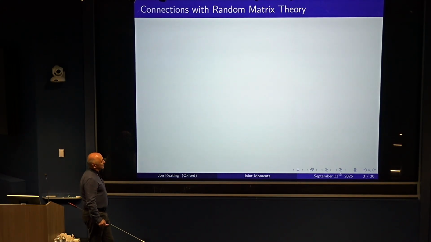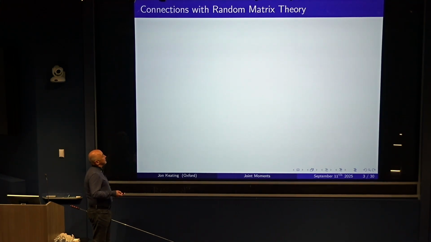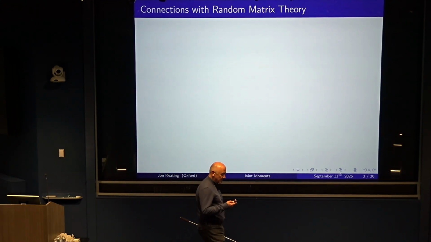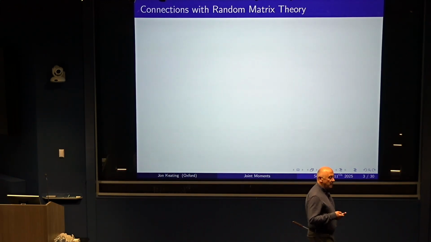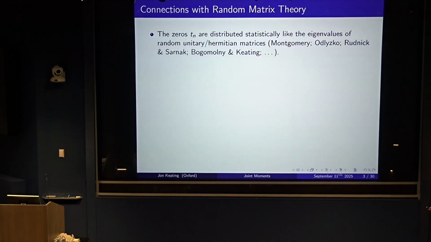And the connection that really motivates what I want to speak about is this connection with random matrix theory. I should emphasize most of what I say will be calculations in random matrix theory, but this slide explains why I'm doing the calculations. So the basic idea goes back to Hugh Montgomery.